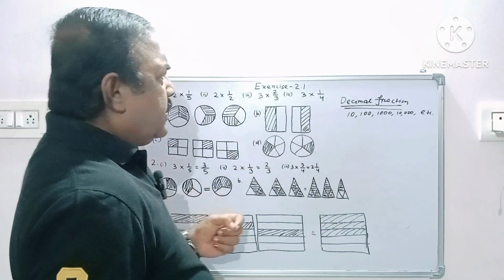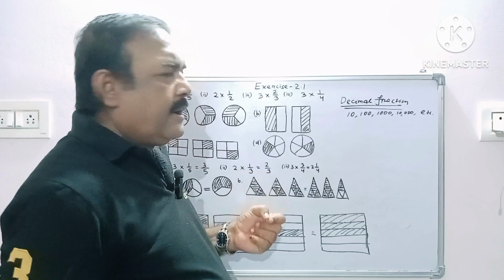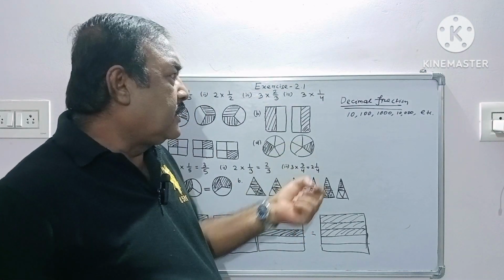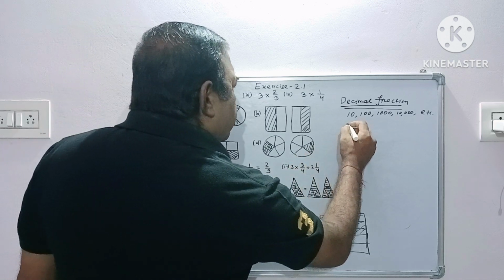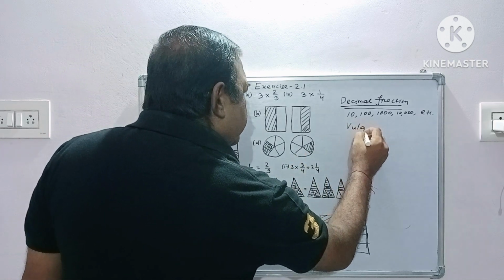And if the denominator is not 10 or 100 or 1000 or 10,000 like this, then we can call those fractions vulgar fractions.